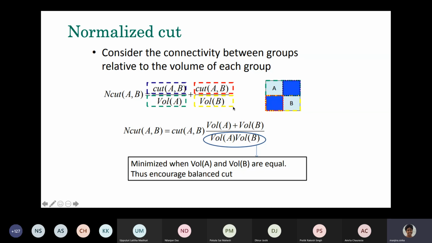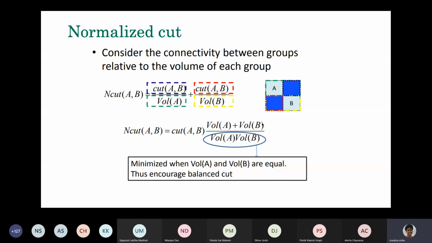Basically it becomes cut of AB times this quantity, volume of A plus volume of B over volume of A times volume of B. And this is minimized when volume of A and volume of B are equal.